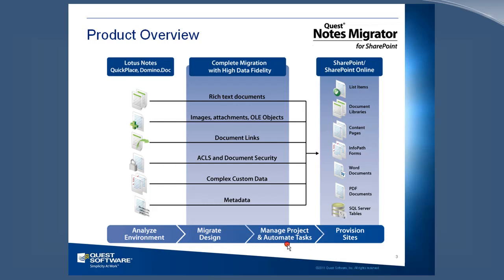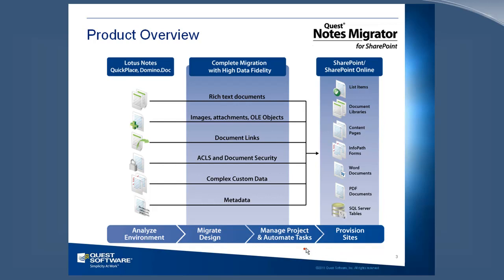We have a lot of features for automating the project. So you can put rules into our tool to say, for example, for every team room, I want to automatically provision a site where the new team site template will be used, and the new team site name will be equal to the old team site name, and then we're going to automatically run some content migration jobs.